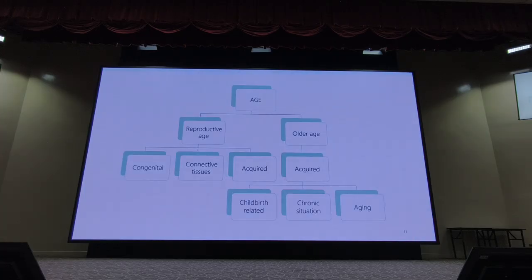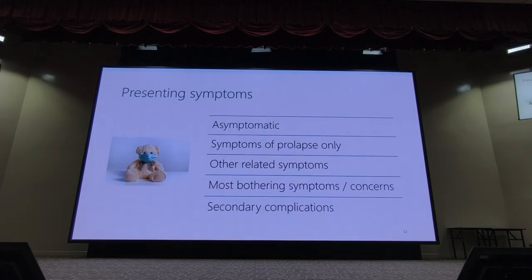Okay, so this is just another diagram showing what I've mentioned. When you take a history and plan your management during your CPC writing, all these things need to be considered. Whether the patient is asymptomatic or symptomatic. Does she only have prolapse symptoms or other related symptoms, for example urinary tract, bowel?